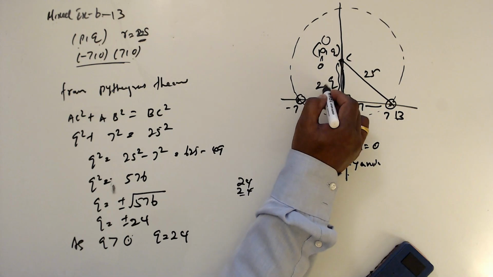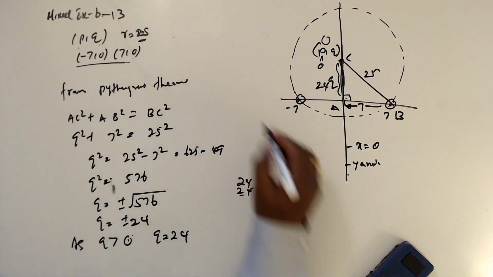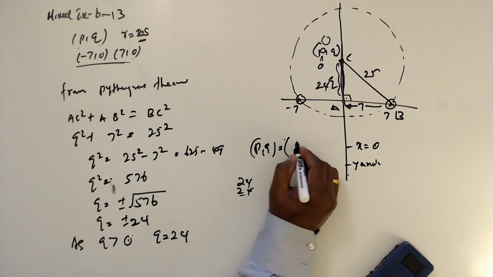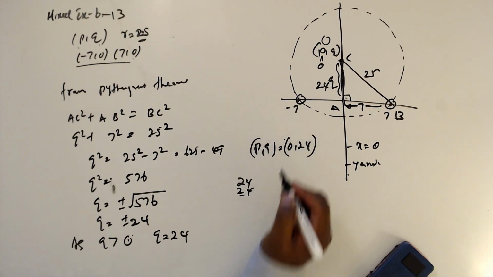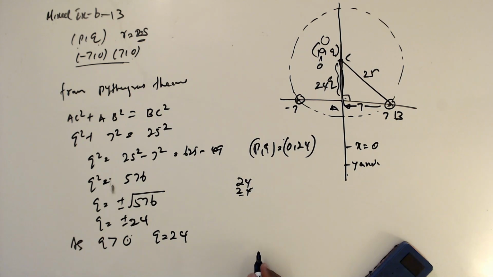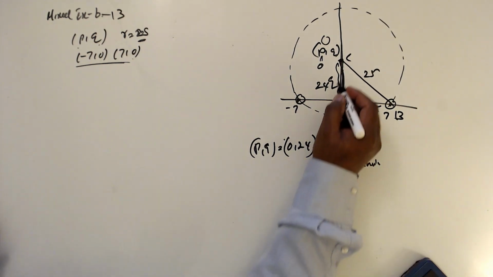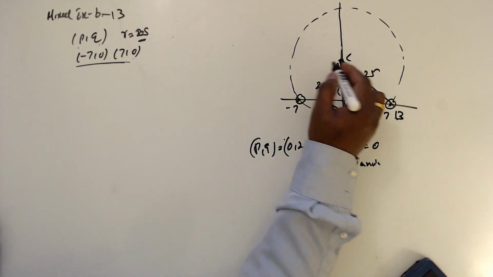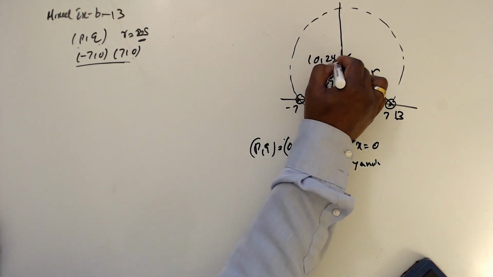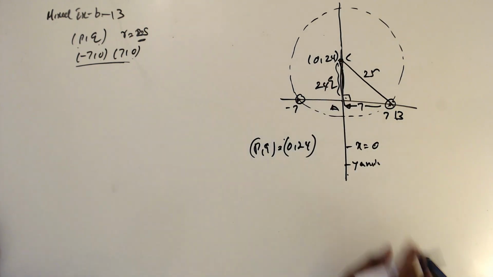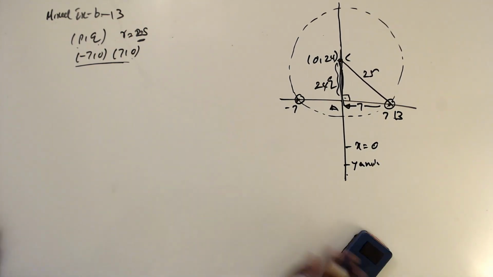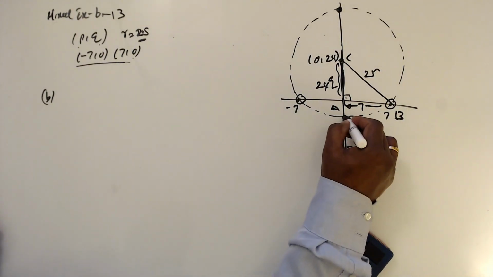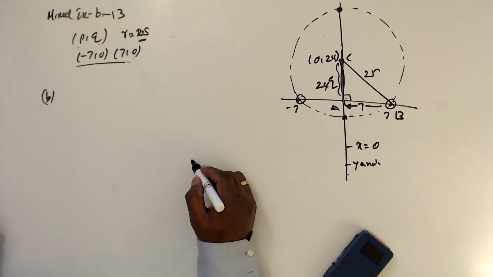This height is 24. Now what are the PQ? PQ is 0, 24. Now this center point is at 0, 24, which means this height is 24. Now part B is to find those two points' coordinates.